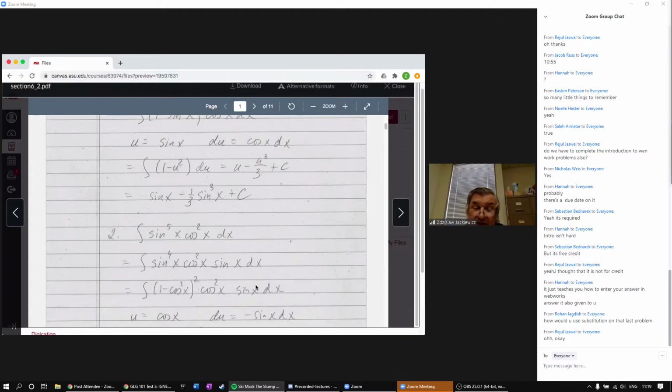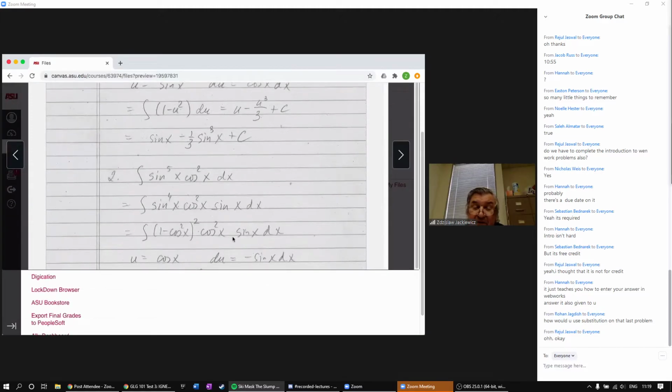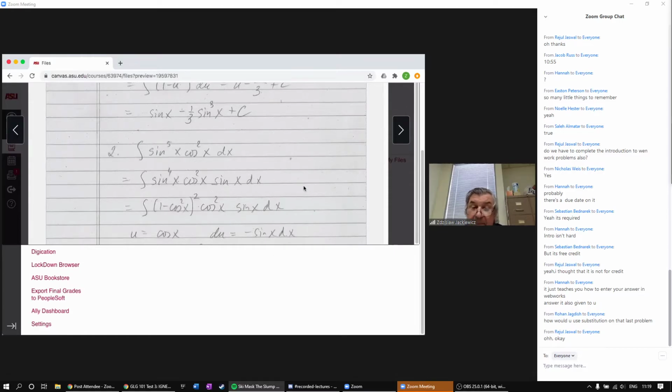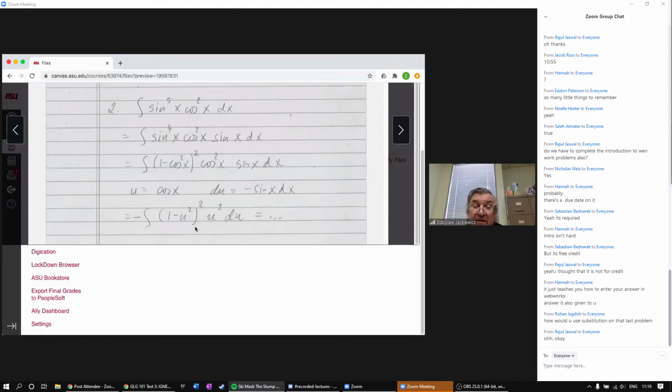Of course, now you see that's useful because if you substitute u equal cosine x, you'll be able to get rid of sine. So u equal cosine x means du is minus sine x dx. I put here minus, and this integral becomes minus, because it's minus here, minus the integral of (1 minus u squared) squared times u squared.